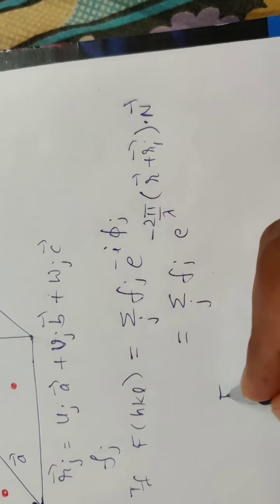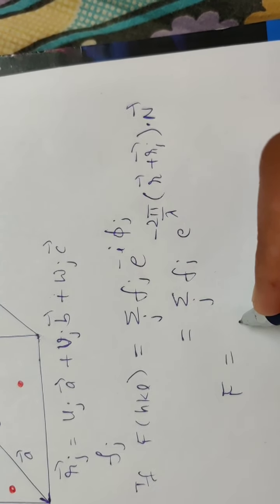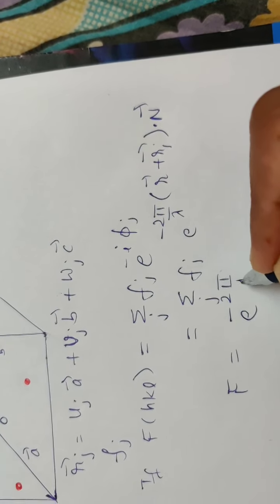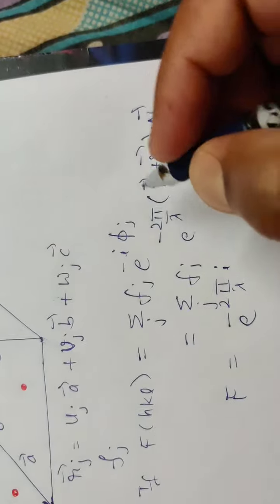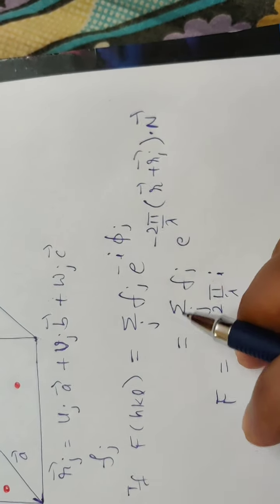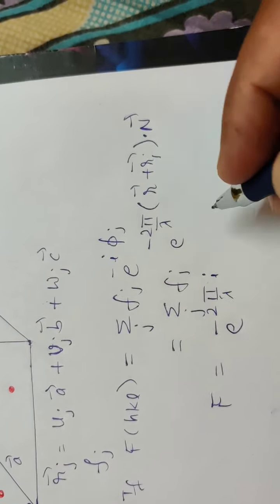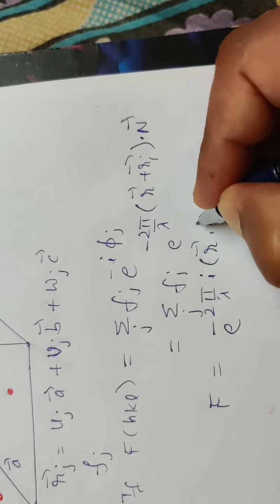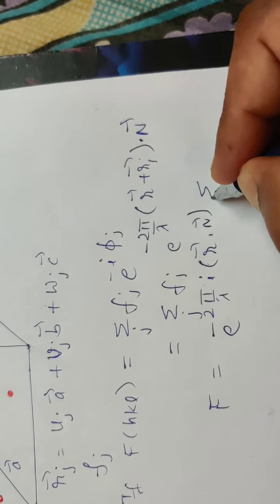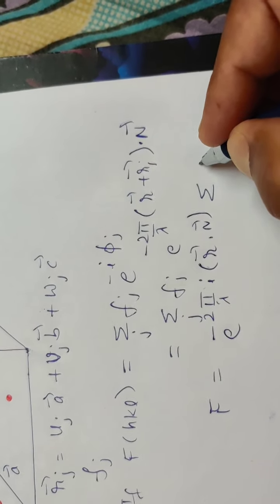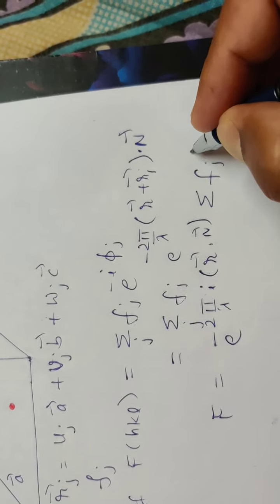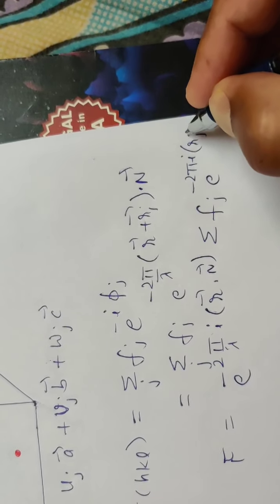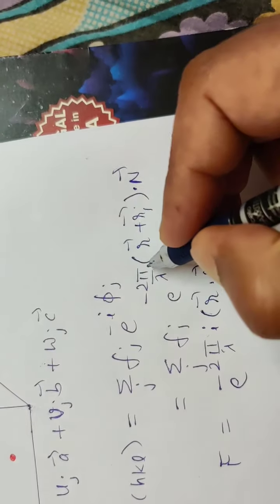So the total scattering amplitude F will be e raised to the power of a constant, 2 pi i over lambda times r dot n, into the sum of fj e raised to the power minus 2 pi i rj dot n.